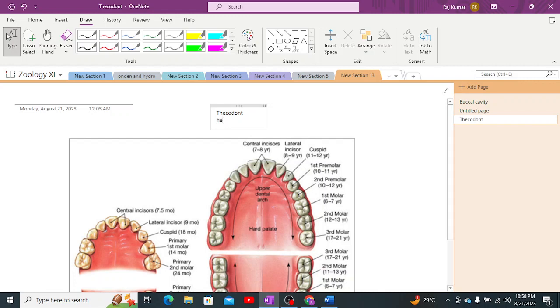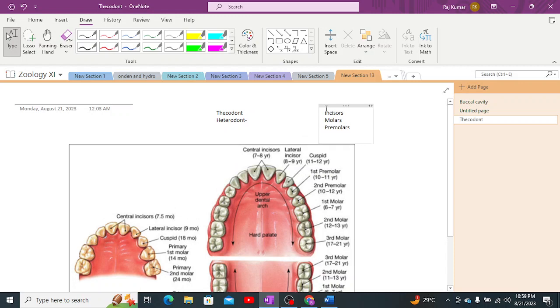These are heterodont. What does it mean? It means that the human teeth are of different shapes and sizes. For instance, we have four types of teeth in humans, depending on their shape and size: incisors, molars, premolars, and I guess first we should include canine.